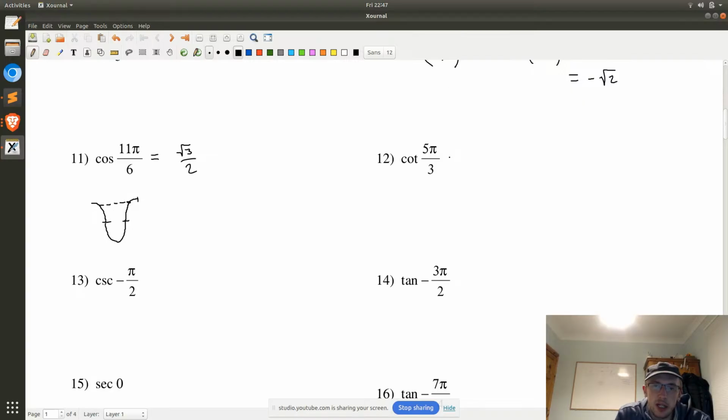Cotangent of 5 pi over 3. That's 1 divided by the tangent of 5 pi over 3. And let's see. 1 2/3.